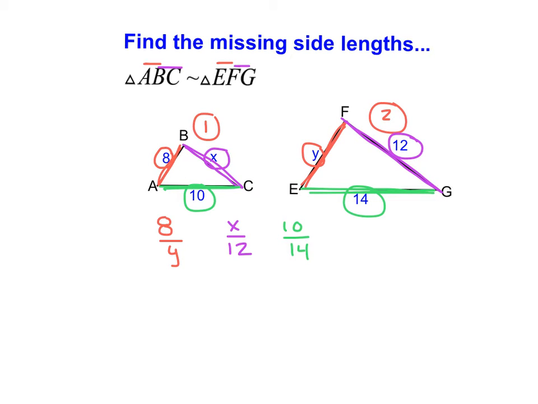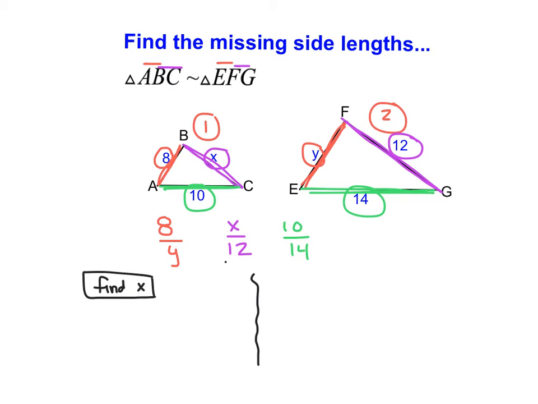So now I need to figure out which variable I want to find first and which I want to find second. I'm going to start off here and find x first. That's just my personal preference. So essentially what I need to do is, out of these three ratios, pick two of them to set equal, and hope that I only have one variable in that pair so that I can find what x is actually equal to.